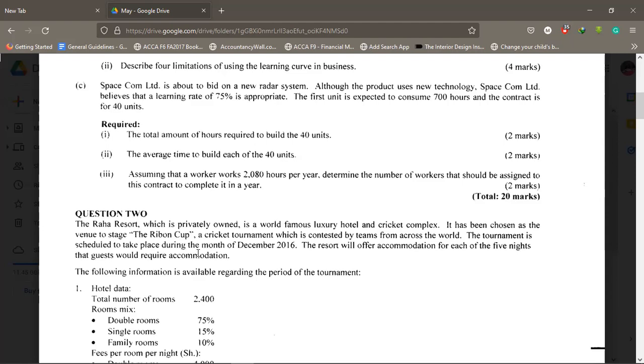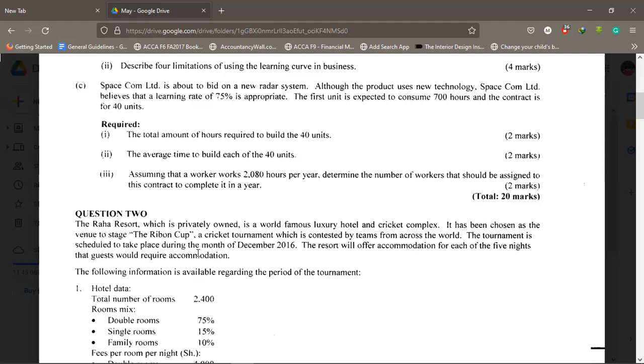Required: 1, the total amount of hours required to build the 40 units. 2, the average time to build each of the 40 units. 3, assuming that a worker works 28 hours per year, determine the number of workers that should be assigned to this contract to complete it in a year.